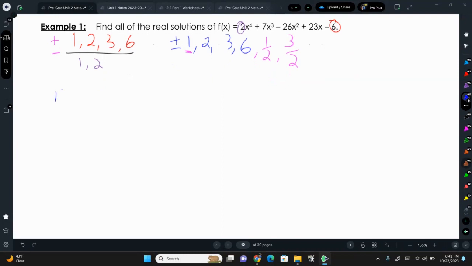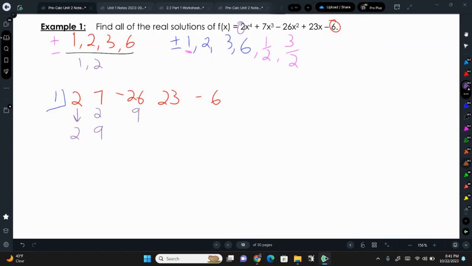So I'm going to try 1, and then 2, 7, negative 26, 23, negative 6. All right, so we bring down the 2. 2 times 1 is 2. 7 plus 2 is 9. 9 times 1 is 9.